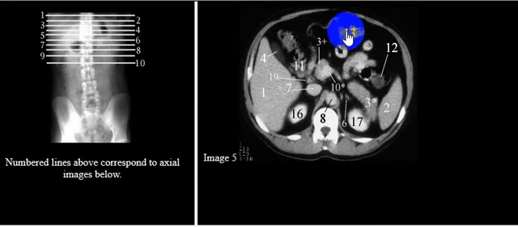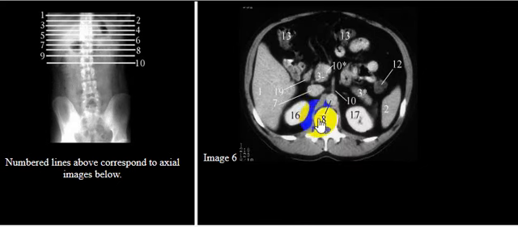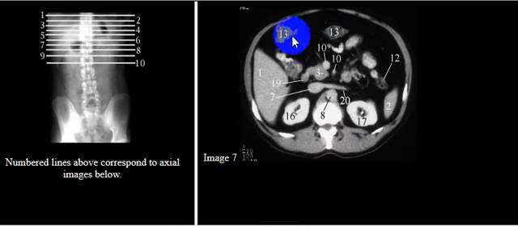Here, this is the transverse colon, ascending colon, and here this is the descending colon, and these are the small bowel. Transverse colon, descending colon, and these are small bowel. Transverse colon, ascending colon and descending colon.